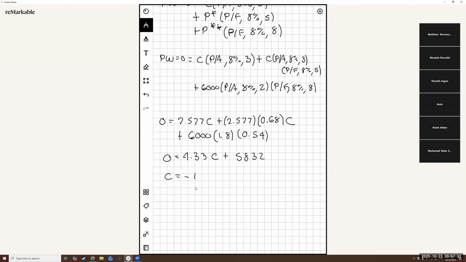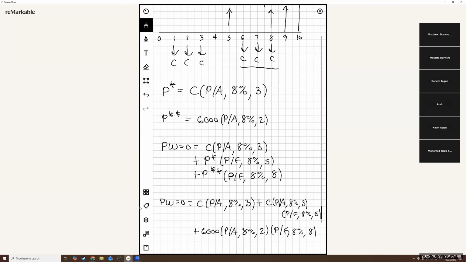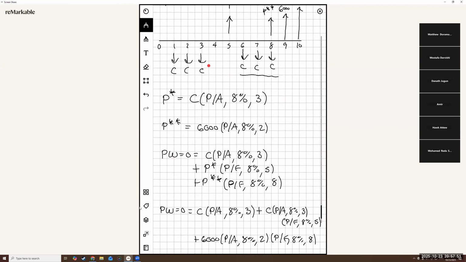negative $1,347. Why is C negative? Well, that's just because it points downwards and I didn't write it as negative in the formula.